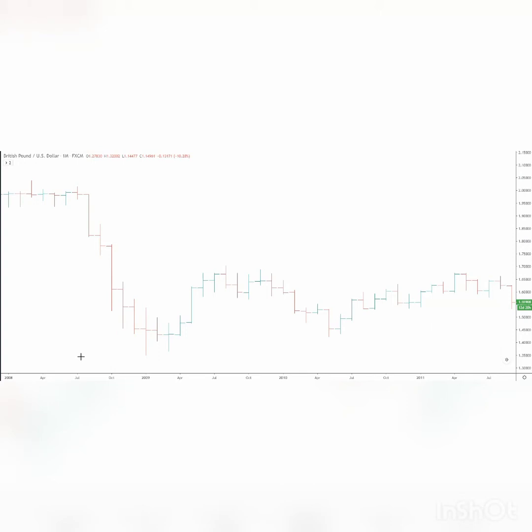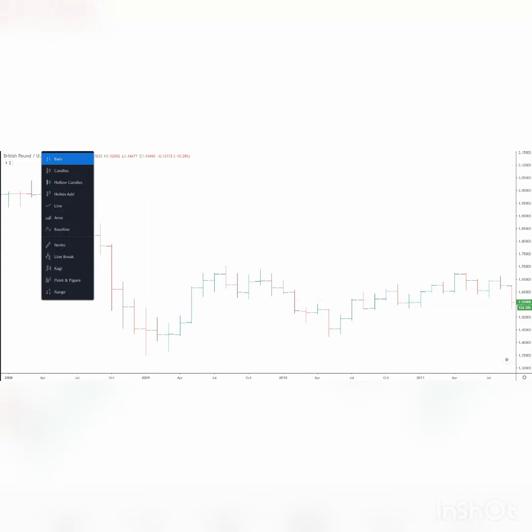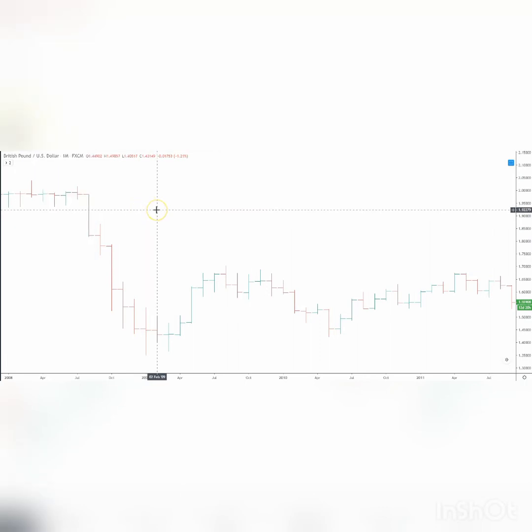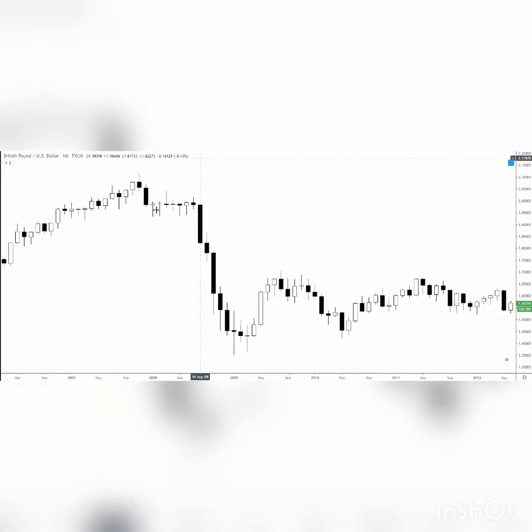There are others besides the bar chart: hollow candles, Heikin Ashi, and obviously line charts as well. So there are several, but they all represent the same thing, a representation of price: open, close, high and low. So, we're back on the candlesticks.